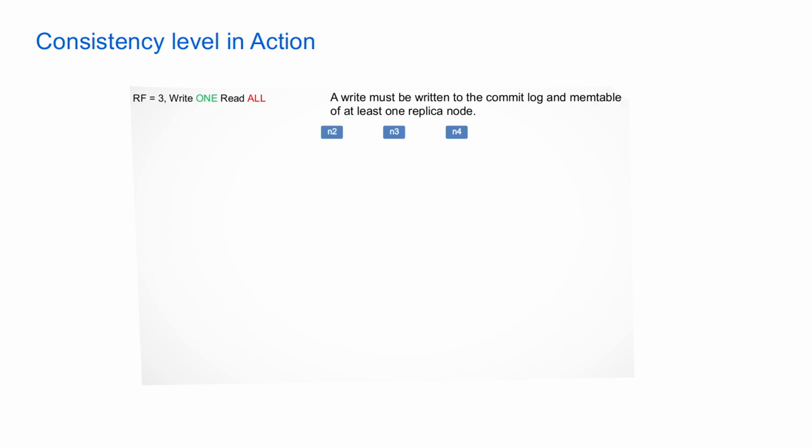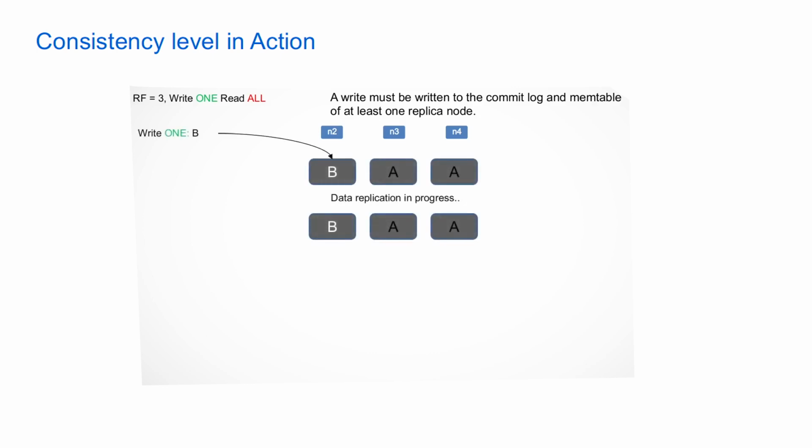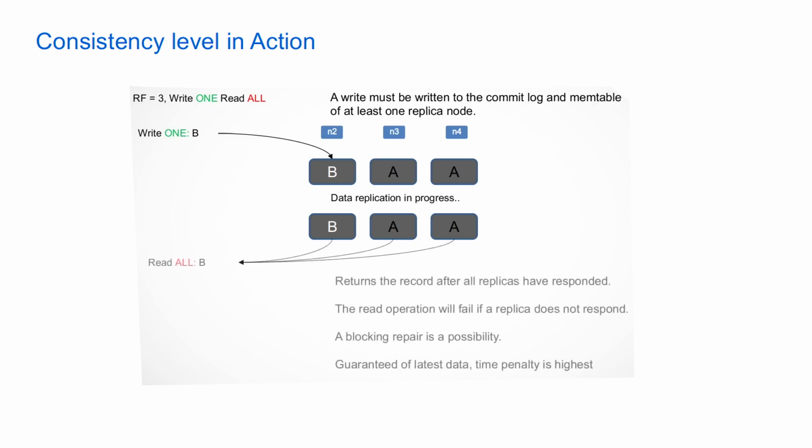So what will happen now? Write is 1 and read, it's going to read from all the replica nodes, N4, N3 and N2. Of course, we do understand if any one node is down, the data availability is not there. System is still available. So what's going to happen? I am going to get the latest data.